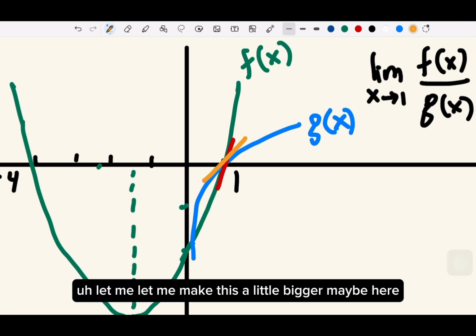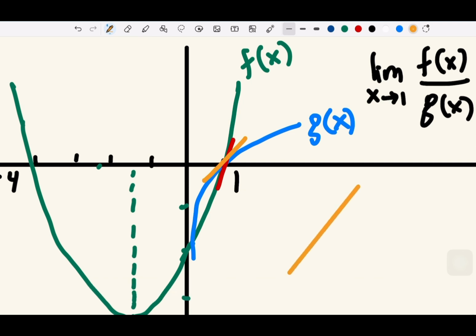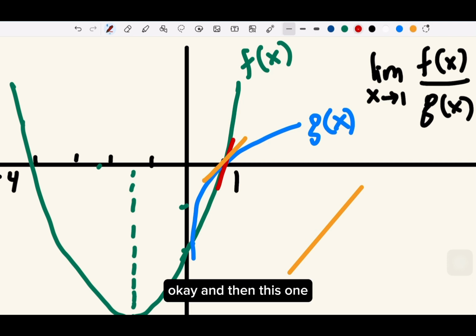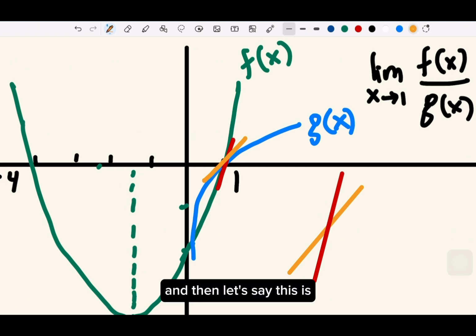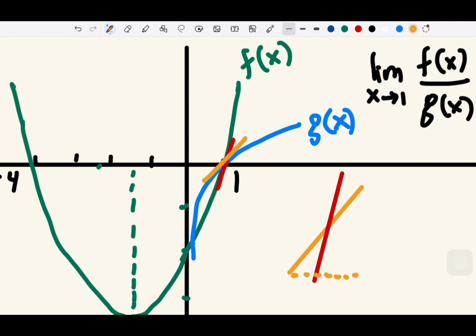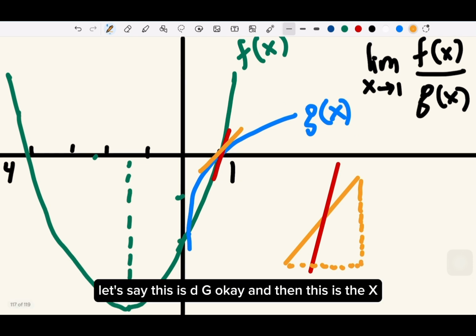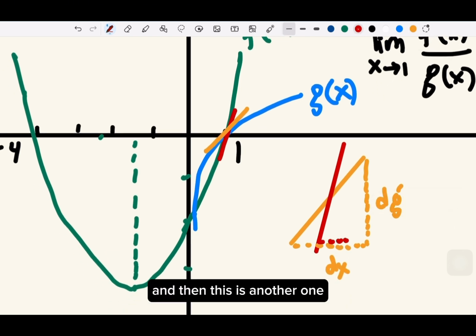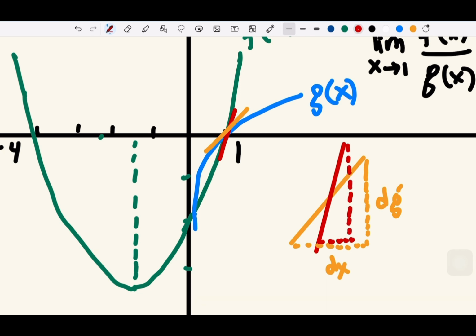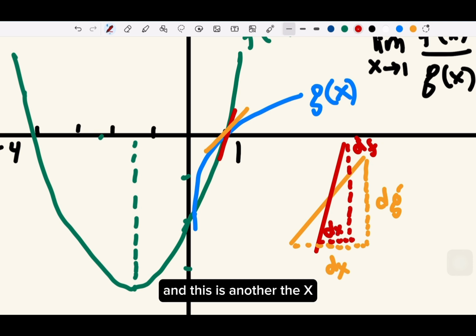Let me make this a little bit bigger. Let's say this is dg, and this is dx. And this is df, and this is another dx.